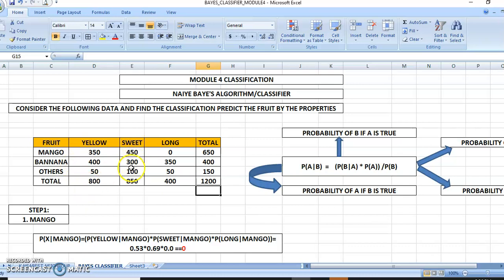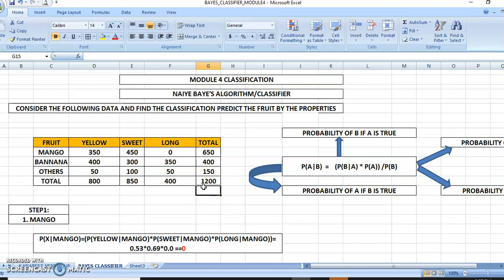For sweet it is 450, 300, 100 respectively, totaling 850. For long, mango is 0, banana is 350, others is 50, so the total is 400. The total for mango is 650, banana 400, others 150, and altogether it is 1200. That is the total sample space.